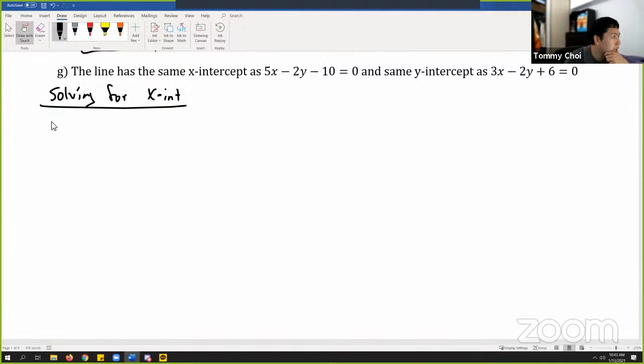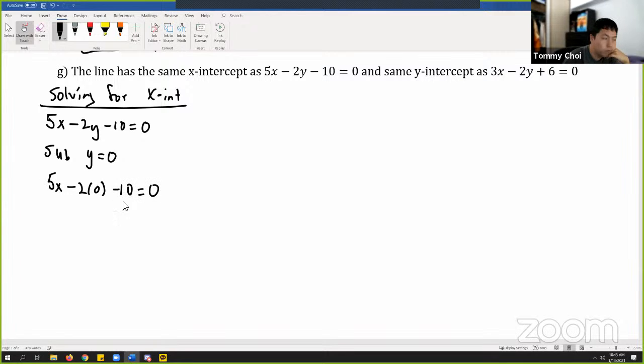So for solving for our x-intercept here, we have 5x minus 2y minus 10 equals 0. If we're solving for an x-intercept, we don't need to rearrange anything. We can sub in y equals 0. We know we can do this because for all x-intercepts, the y value is 0. So plugging that in, I get 5x minus 2 times 0 minus 10 equals 0.